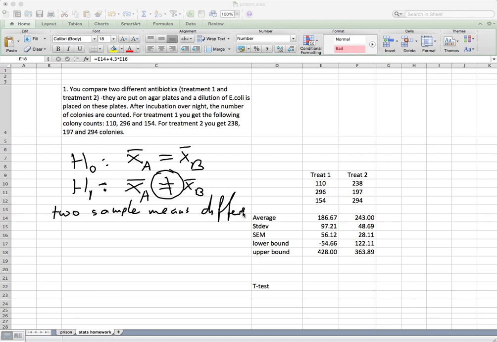And because we have this 2 here, we need to choose a two-tailed test.